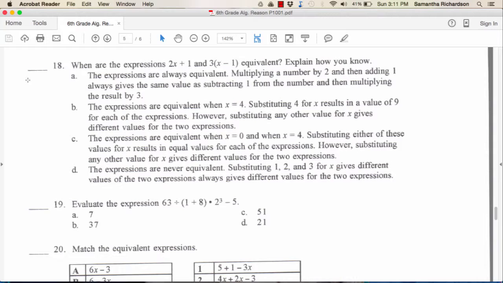Substituting either of these values for x results in equal values for each of the expressions. However, substituting any other value for x gives different values for the 2 expressions. D. The expressions are never equivalent. Substituting 1, 2, and 3 for x gives different values of the 2 expressions. Always gives different values for the 2 expressions.